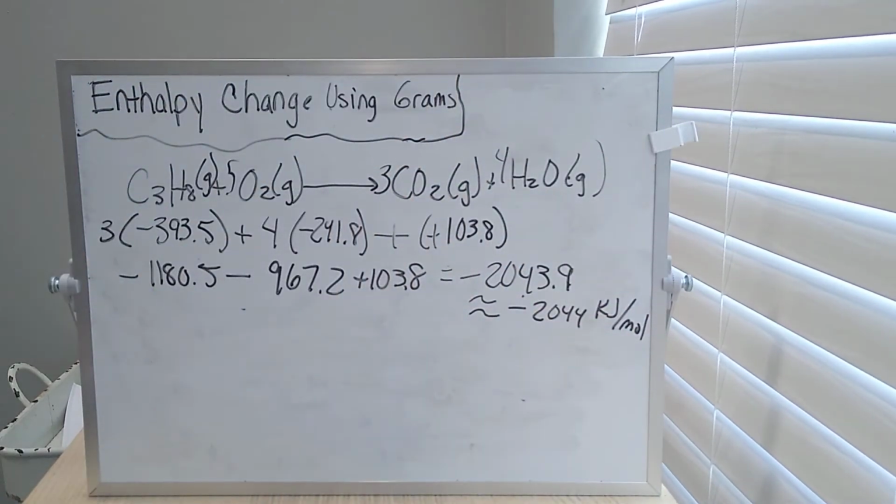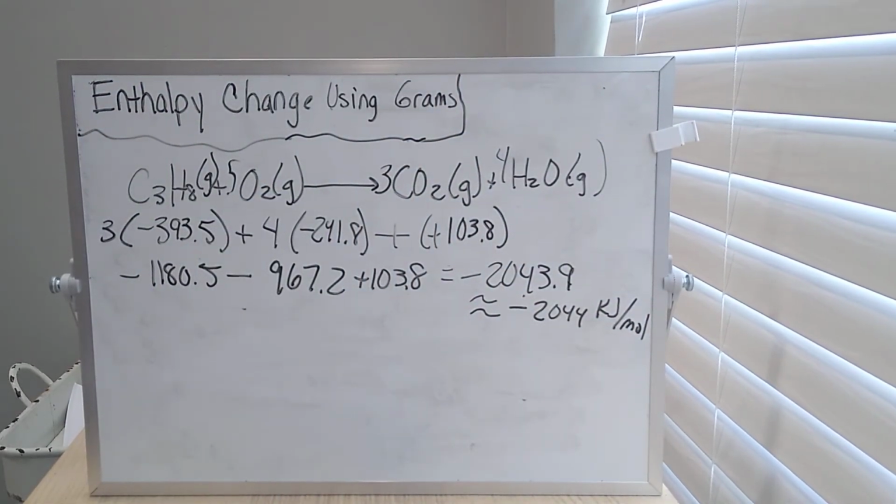Now the next question is, and this is kind of breaking it up for you because it may just ask this next question all by itself, and you need to know that you need to do all this work before you can answer this next question. This next question says, how much heat can be produced by the combustion of 50 grams propane?